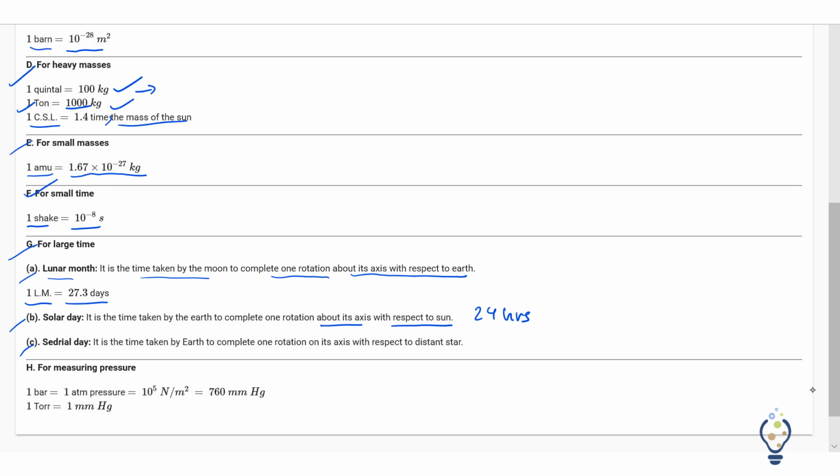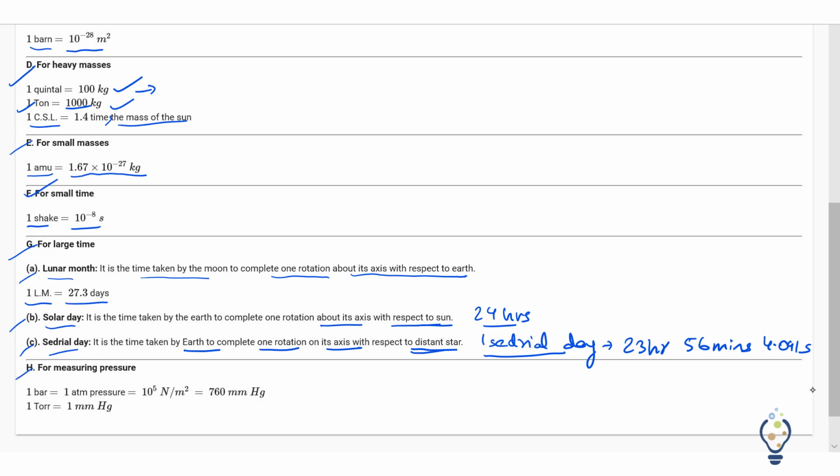Sidereal day is the time taken by the earth to complete 1 rotation about its axis with respect to a distant star. 1 sidereal day is about 23 hours, 56 minutes and 4.091 seconds. Sidereal day is generally shorter than solar day by about 4 minutes. The difference between solar day and sidereal day is only with respect to the sun and with respect to a distant star.